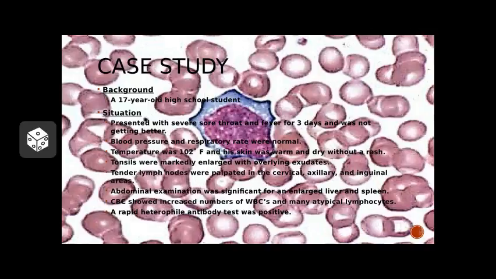These symptoms are fever, enlarged or tender lymph nodes and tonsils, enlarged spleen and liver, and also fatigue or malaise, where you just feel weak. The enlarged spleen and liver are due to the proliferation, or rapid increase in the number, of T cells.